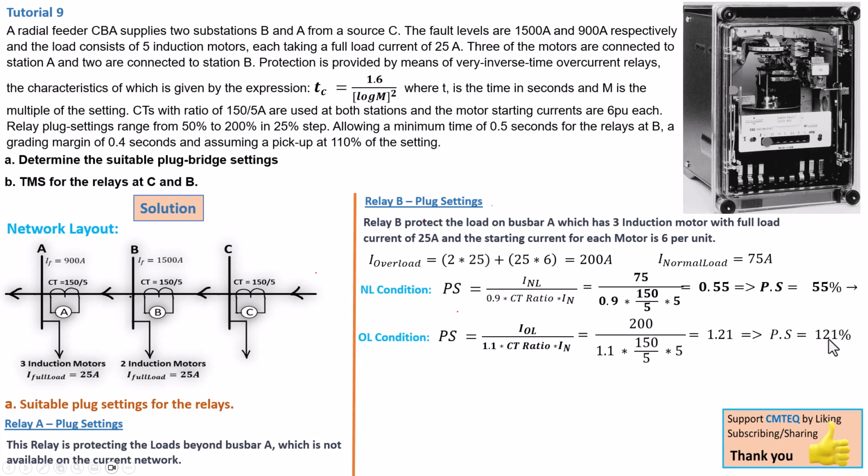But now it is 121%, so we have to select a plug setting higher than the value we calculated. We cannot go lower. The next plug setting is 125%, because it's moving in steps of 25%. So we're going to select a plug setting of 125%.